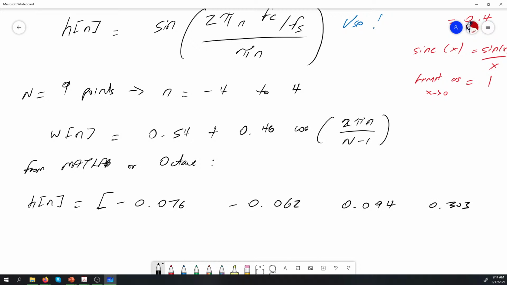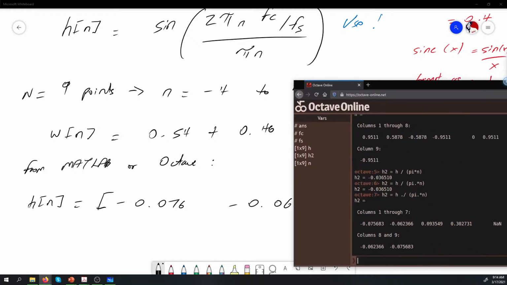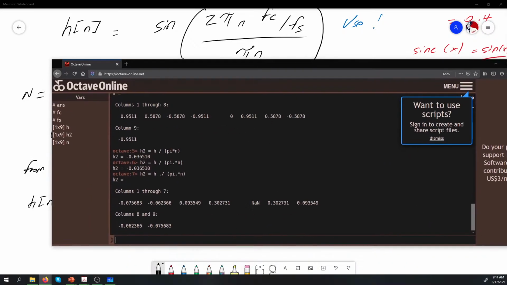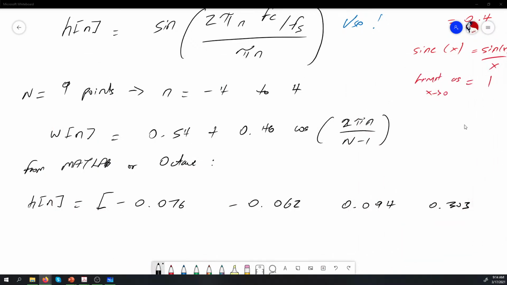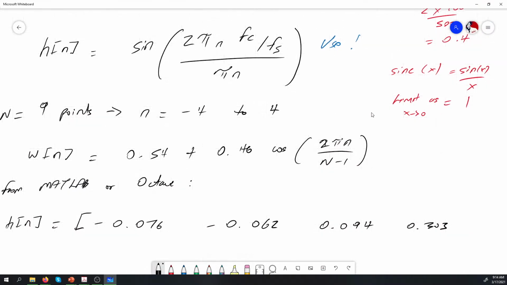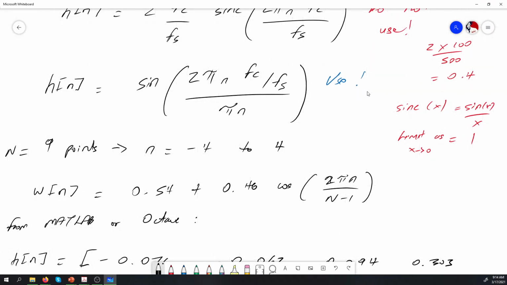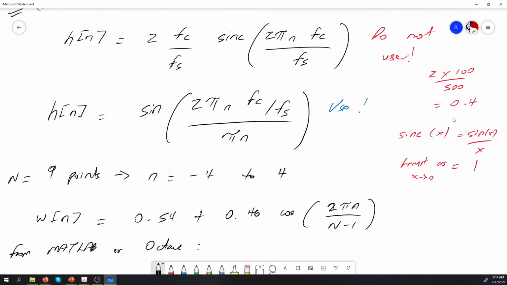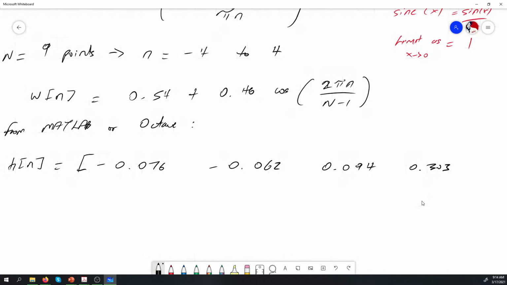The one that's not a number, that's going to be the limit evaluation that I just did. The limit evaluation of that is just going to be 1, and I calculated that being 2 fc on fs, which is 0.4. So I'm going to put in 0.4 here as required.